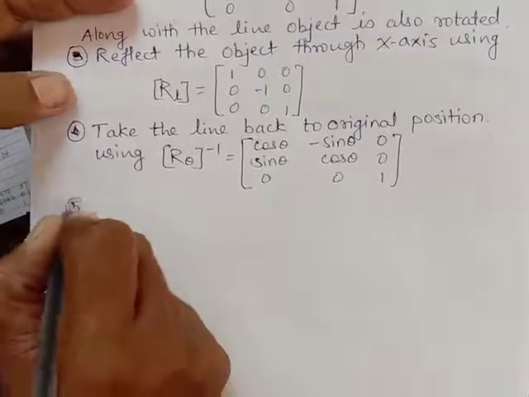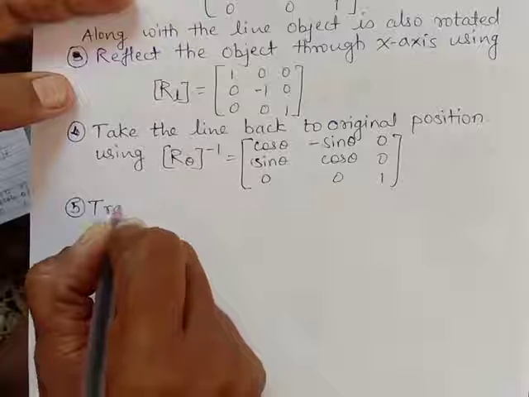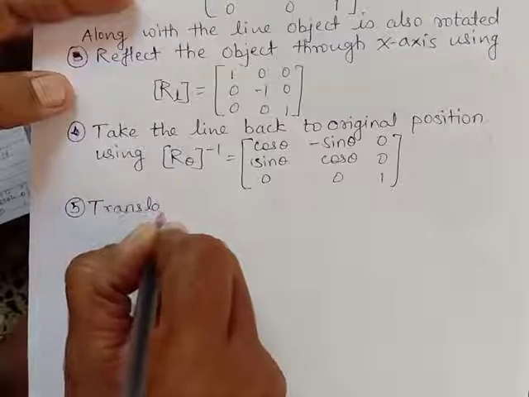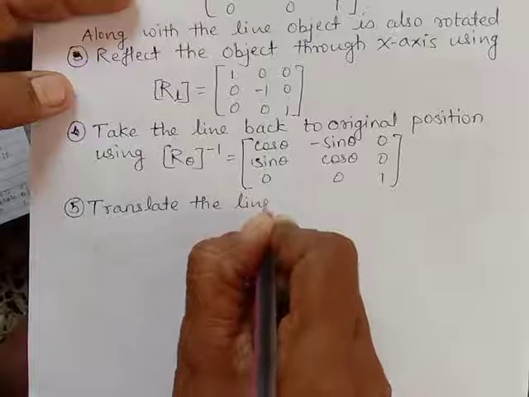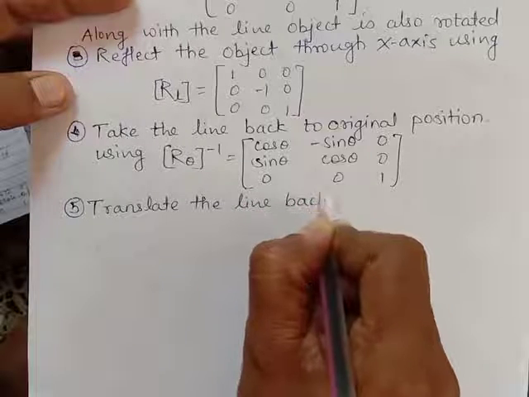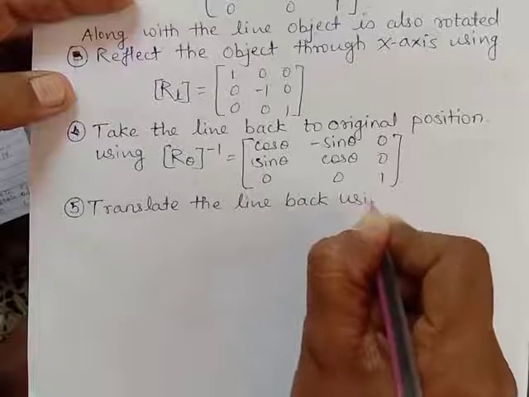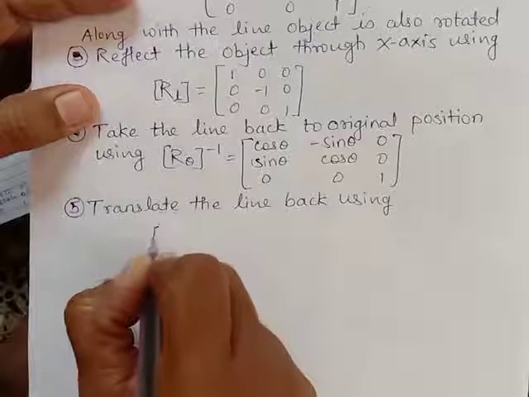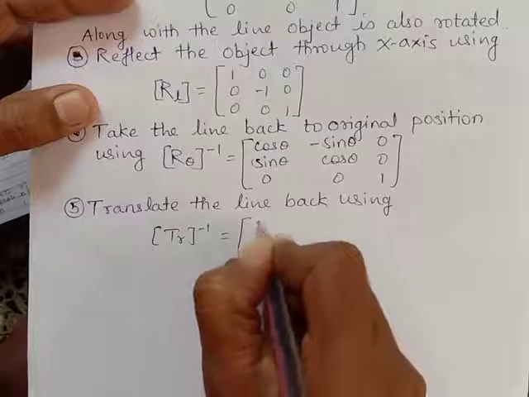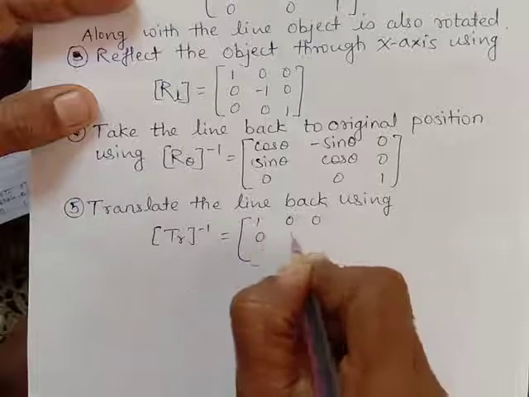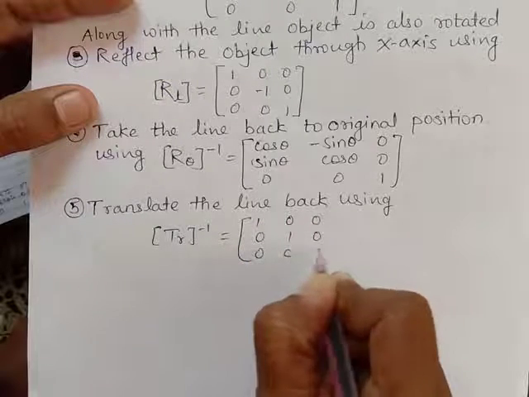Then translate the line back using TR inverse, that is 1 0 0, 0 1 0, 0 C 1.